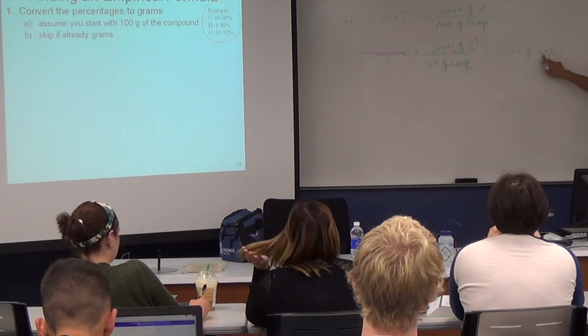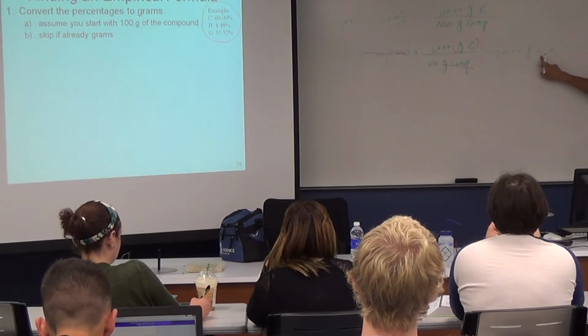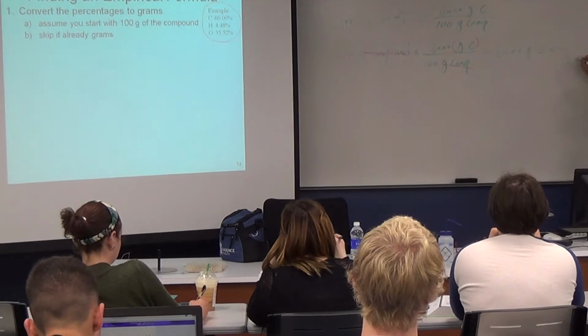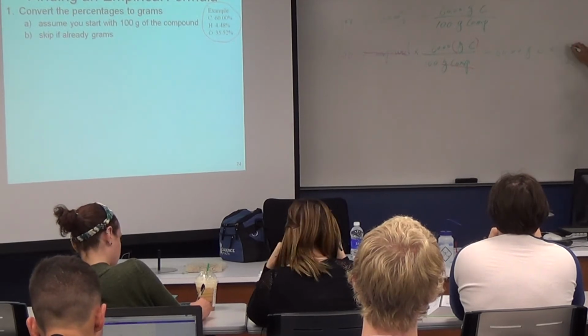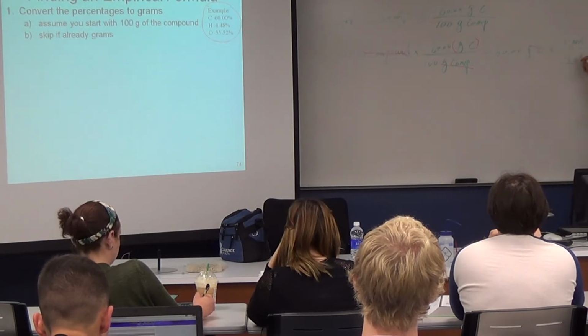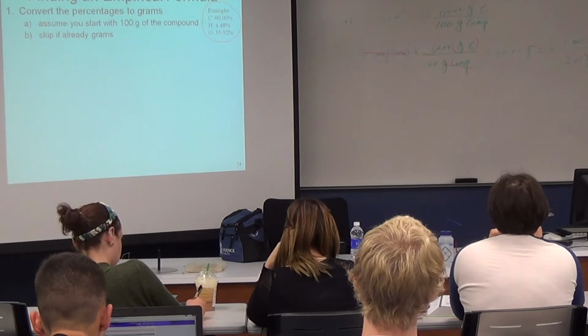Because this is just carbon, you find the molar mass very easily. It's just 12.01 grams of C per 1 mole of C. Then the grams of C cancel out, and you get moles of C.